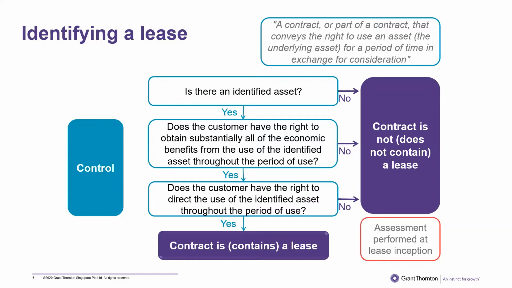So you would need to segregate the two, the lease and the non-lease component, and apply IFRS 16 only on the leasing component. Also, this assessment is performed only on lease assessment. Once you have decided whether it's a lease or not, you generally do not change it. The only exception to that rule would be when you have renegotiated your contract. If you have a change in the contract, it's only then you will revisit and determine whether it's a lease or not.